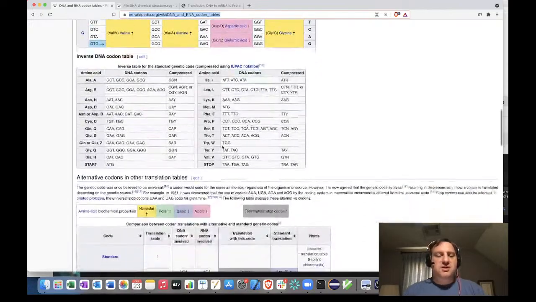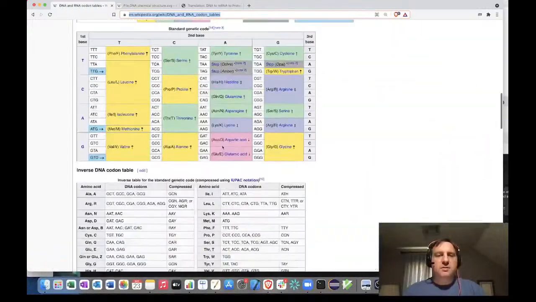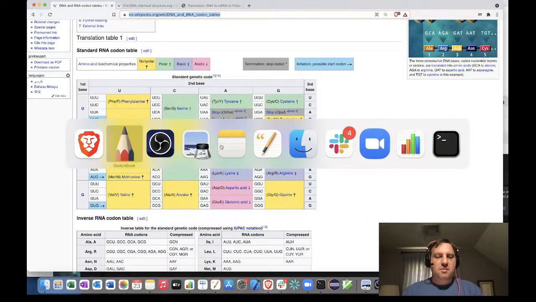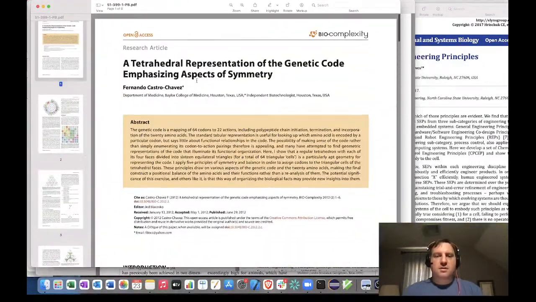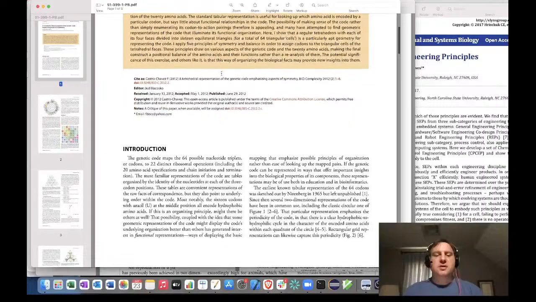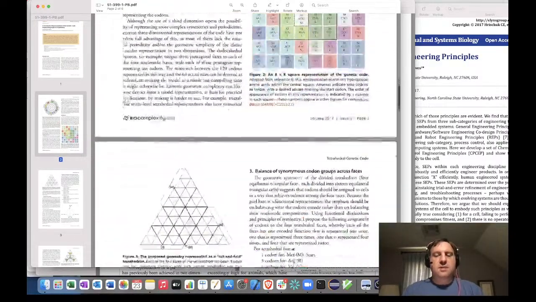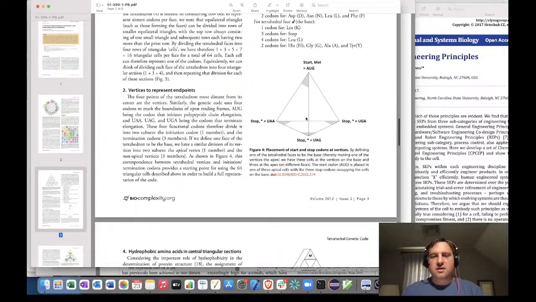There's different representations of the codon table. Let's see, I thought this had another one, but maybe not. There's a biocomplexity paper that called a tetrahedral representation. So there's oftentimes a circular one, but what they propose is that we can actually convert this to a tetrahedron that has the start codon at the apex and the stop codons on the other 3 corners.